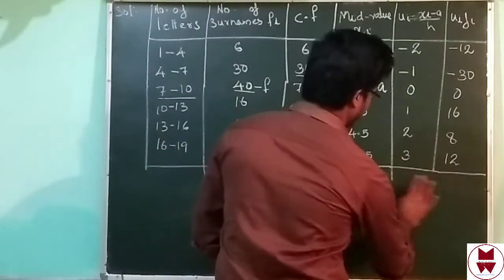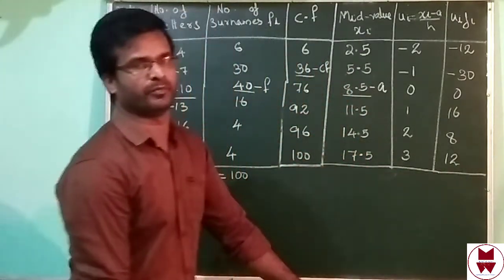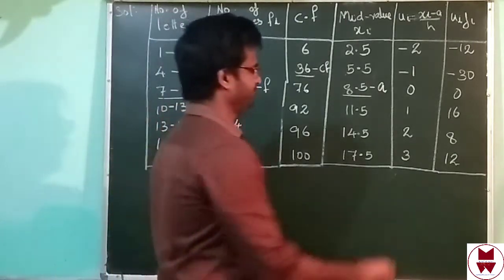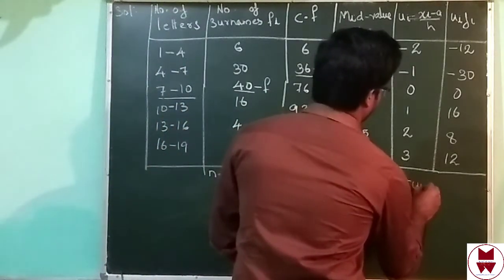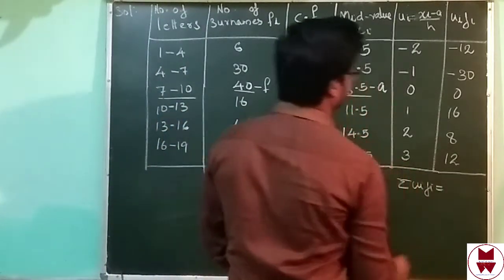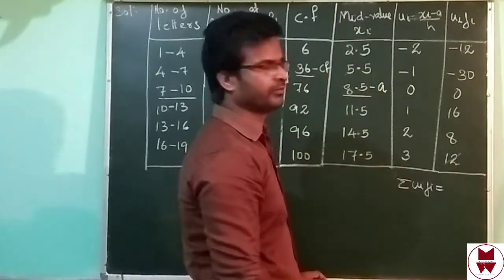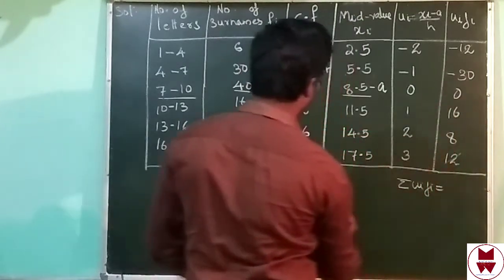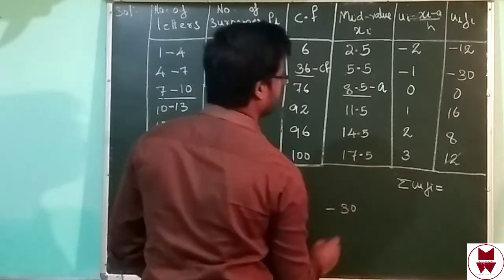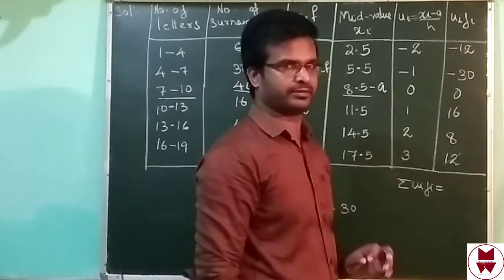Now what do we need? We need the sum of uifi. Sum of uifi equal to, look in here, minus 12 plus 12. When you add that it will be 0. Then remaining minus 30. That is the only negative number.